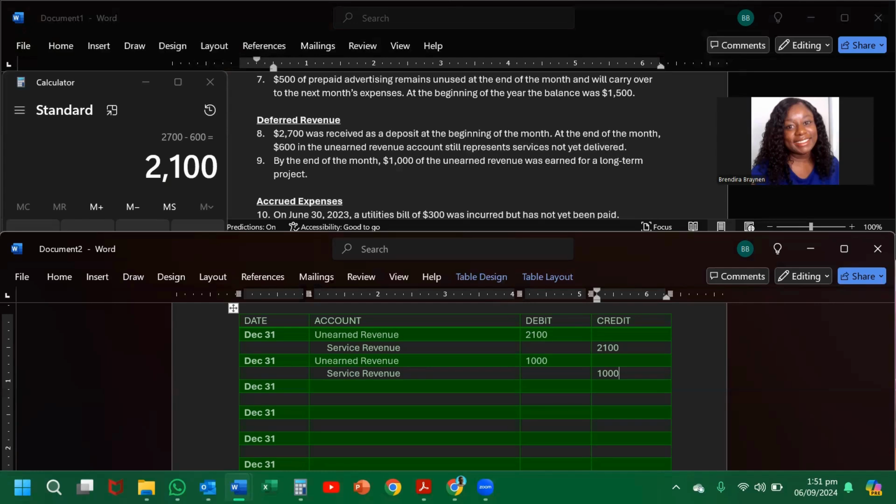It could be service revenue, it could be sales, it could be landscaping revenue, it could be sale of goods revenue. Once it's a revenue account, that is the account that we are always going to credit when we're moving something out of the unearned revenue account.